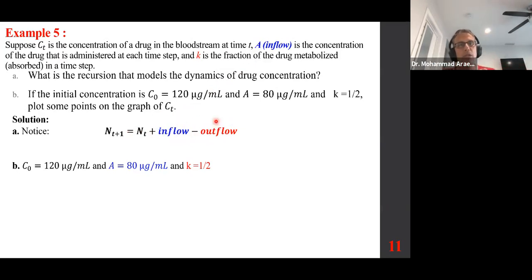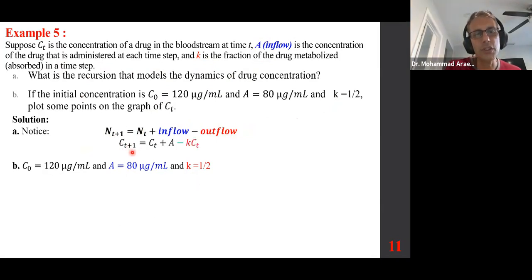So what I'm going to do, because it says C sub T, we're going to change this to C sub T plus 1. We're going to change this to C sub T. Inflow, we're going to change it to A. Now, outflow, if we are using K, the percentage, the fraction, okay, then K is gone. So K times C sub T is gone.